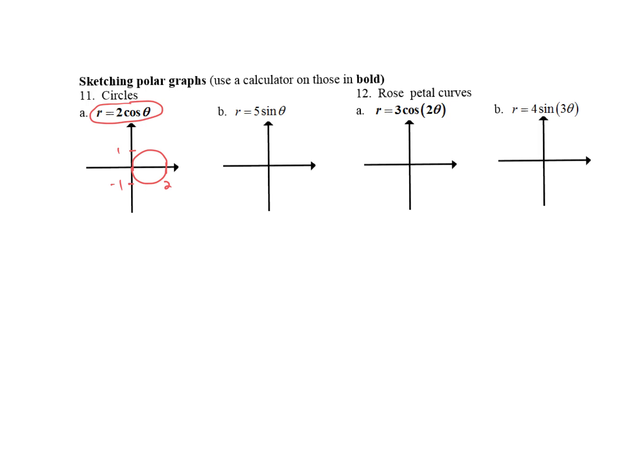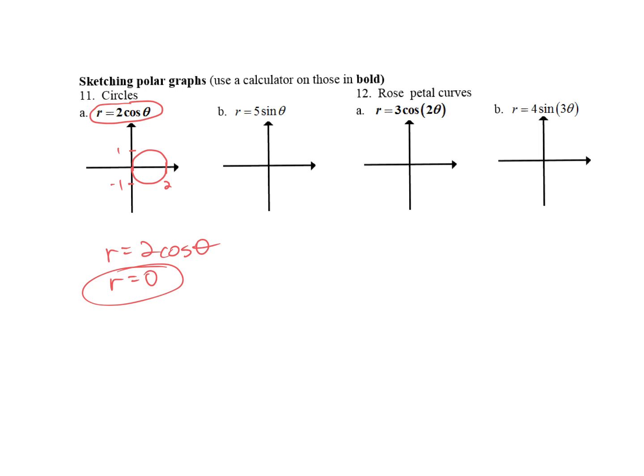Now before, when we were back on problem number 7, look back at problem 7. This was our answer to problem 7. We had r equals 2 cosine of theta, and then we also had r equals 0. Can you see now why I said that the r equals 0 is redundant? What does r equals 0 mean? There's no radius.